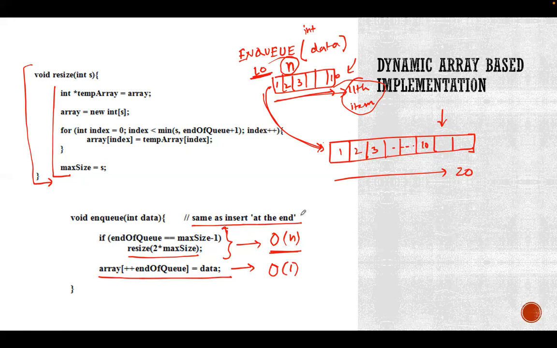So in the best case the runtime for insertion is order of 1, but in the worst case, if we are trying to insert an item which exceeds the maximum size, the runtime is order of n.